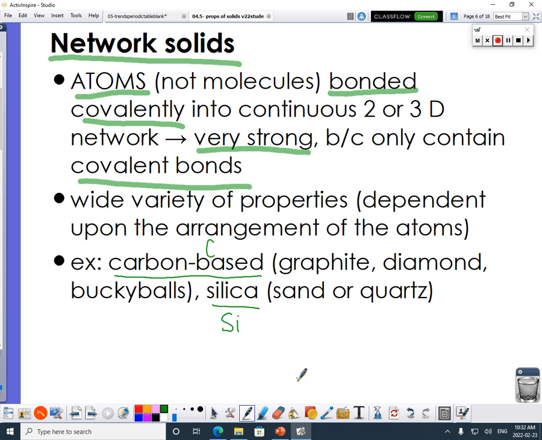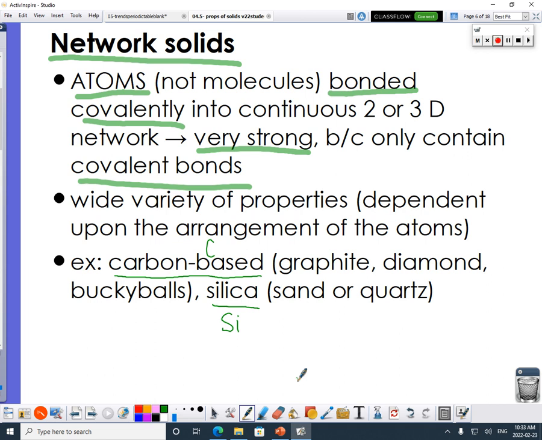Because they have such a weird valence structure, they have 4 valence electrons, they can do strange things. So they can bond with each other, and again, it's going to form the whole next unit, covalent or carbon based. But silicon can make network solids as well.